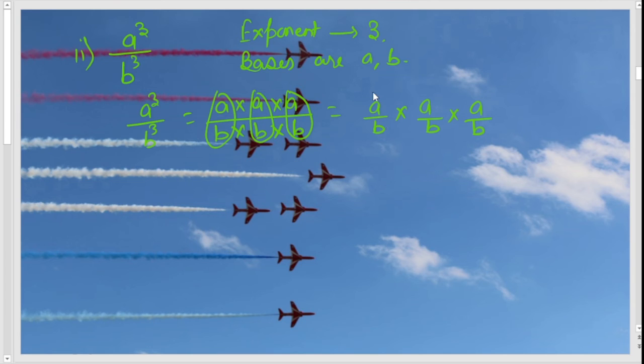Now taking a by b as a base, the exponent will be a by b to the power 3. Now we came to know with this example that when the exponents are same and bases are different and numbers are divided, it can be written as a by b, or the bases are divided and exponent remains same. Exponent is 3, base is equal to a by b.